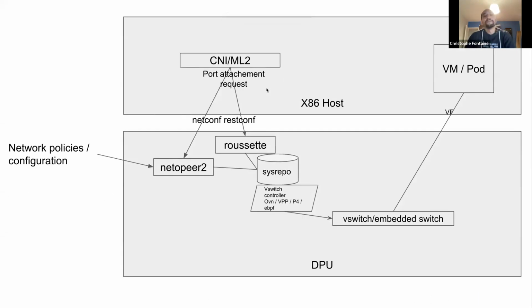Yeah, perfect. So the main idea is to migrate to something like a network intent-based API rather than pushing specific RPC calls in order to program what is inside the DPU.